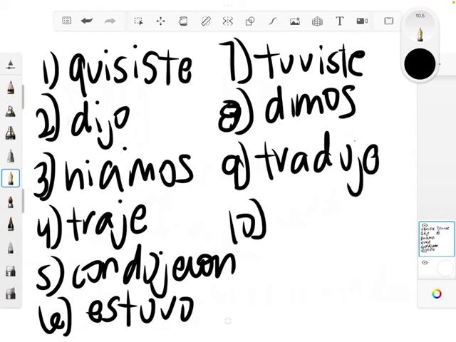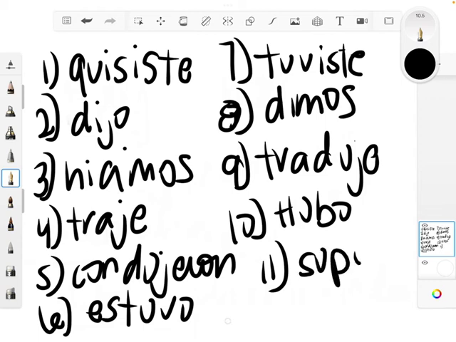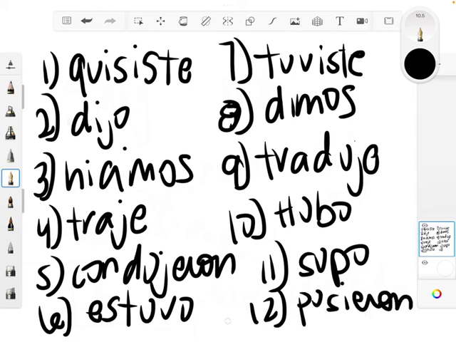10, hubo muchos invitados. 11, usted supo. 12, ellos pusieron.